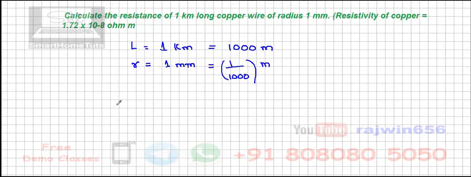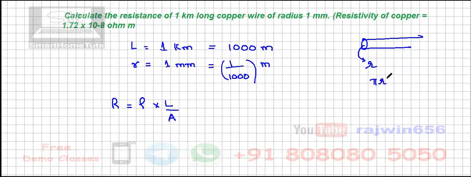Now we apply the formula R is equal to rho into L upon A. It's a circular wire like this, and here we are given the radius. So the area of the cross section is going to be pi r square. So I'm just going to substitute all of these things over here.